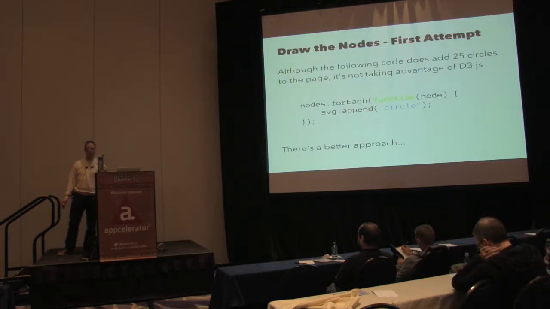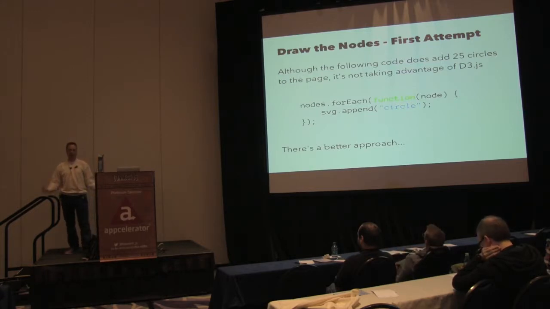Now that you can see that adding an element to the DOM with D3 is just a matter of appending something, you might think, well, if we're going to draw our nodes, and again, there are 25 nodes because there are 25 albums, maybe all we need to do is just append an SVG circle right in the DOM.